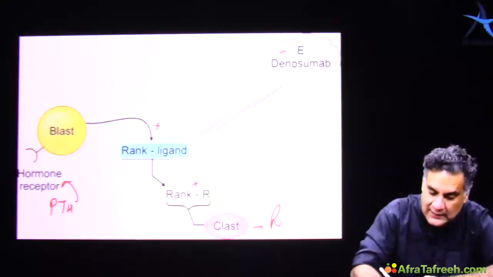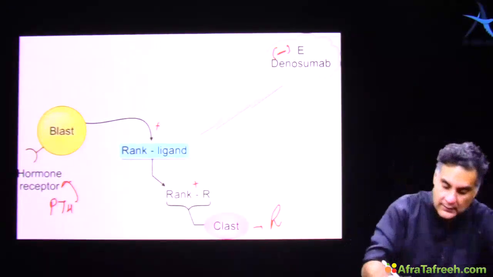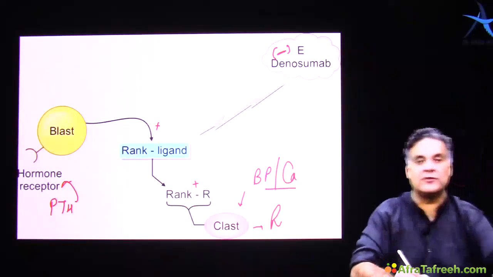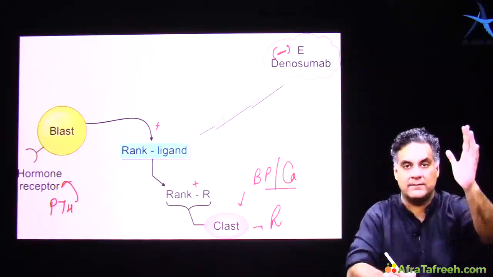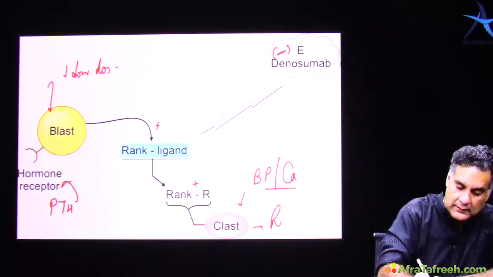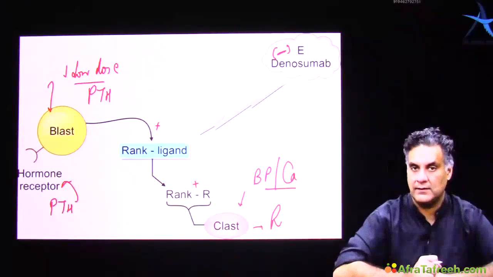Estrogen and denosumab inhibit the RANK ligand, so they inhibit bone resorption. The bisphosphonates and calcitonin also act on the osteoclast, directly inhibiting bone resorption. Parathyroid hormone in low dose can directly stimulate the osteoblast, increasing osteoblastic proliferation.